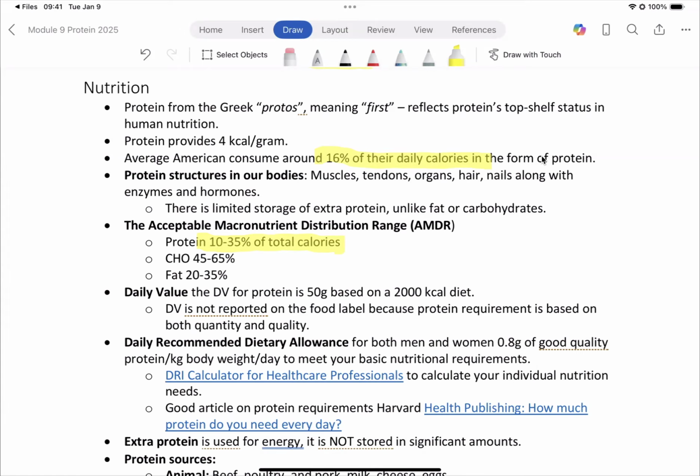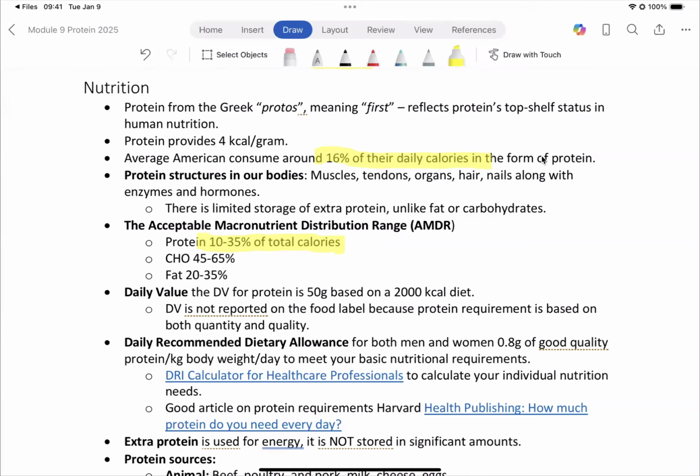If you think that fat has 9 calories per gram, so if you had 1 gram of each, the 1 gram of protein is going to be 33% of your calories, and the 1 gram of fat is going to be 66% of your calories, just because it has twice as many calories as protein.